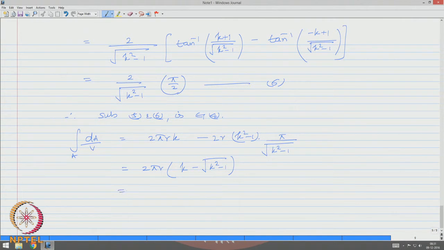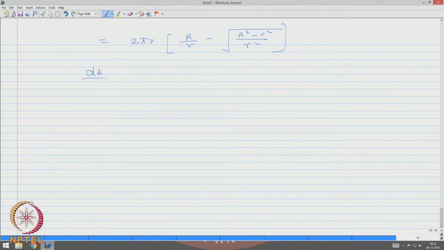We know k is R by r, let us substitute that: 2 pi R times R by r minus root of R by r square minus 1, which can also be said as 2 pi R by r times root of R square minus r square by r square.